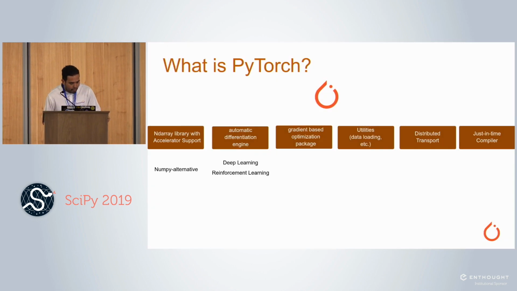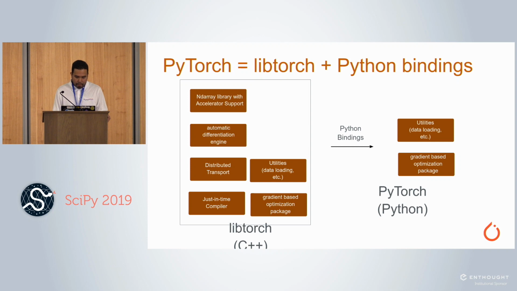What is PyTorch? An ND array library with accelerator support, an automatic differentiation engine, a gradient-based optimization package, utilities, distributed transport, a just-in-time compiler, a NumPy alternative, also deep learning and reinforcement learning. Basically, there is the C++ code and the Python bindings.